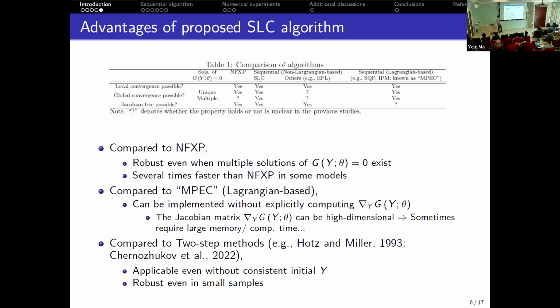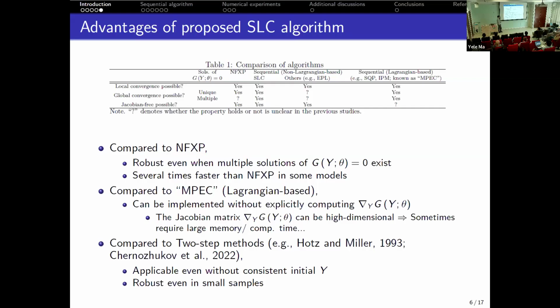And so just to compute the Jacobian matrix, sometimes it requires a large memory or computational time. And so avoiding explicit computation of the Jacobian is sometimes very useful.